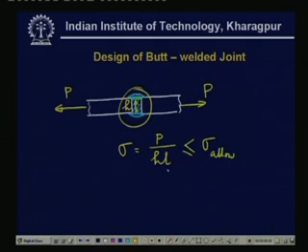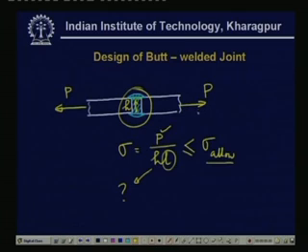Now, this is the design criterion. In design, we want the joint to carry a certain load P. We select L and we know sigma allowable. From this we design what H is. So, this is the general design procedure.